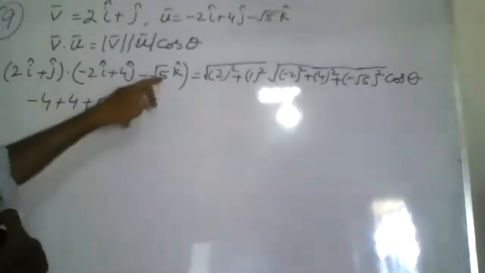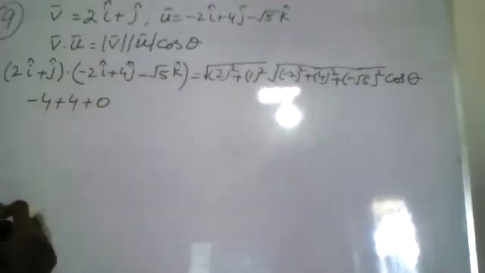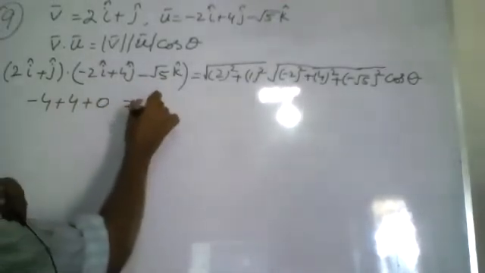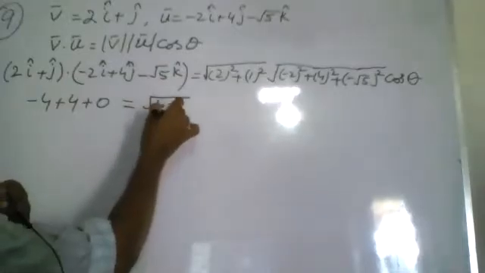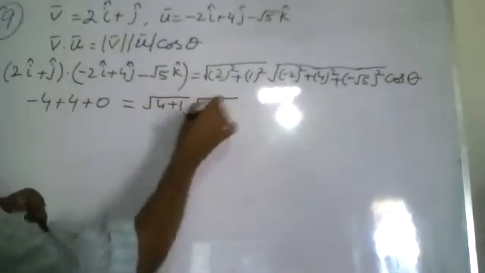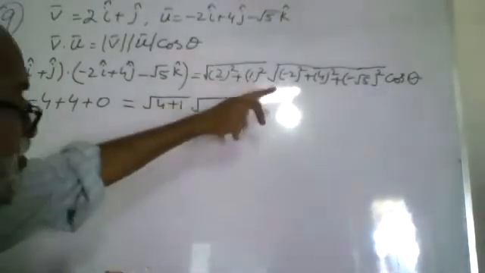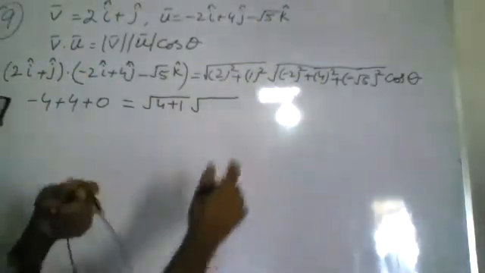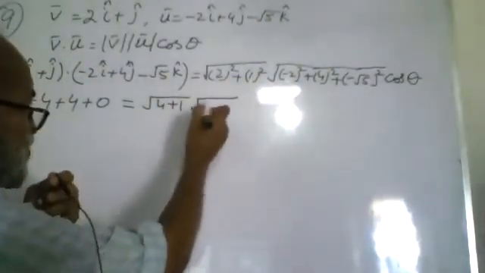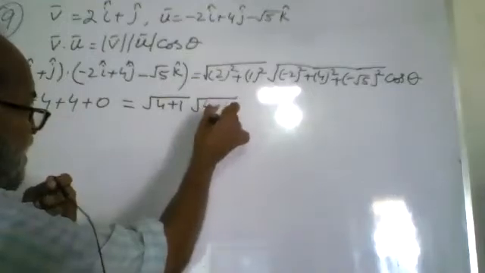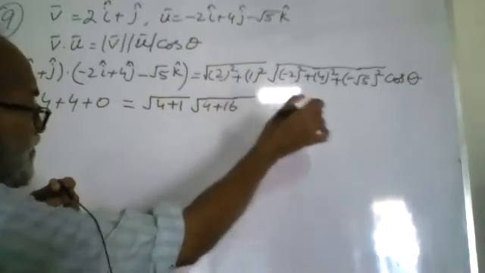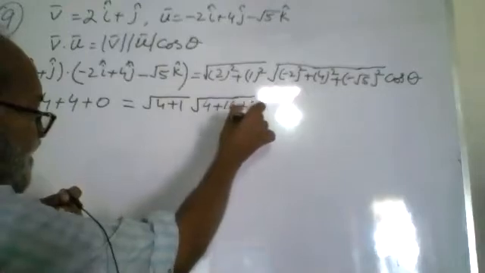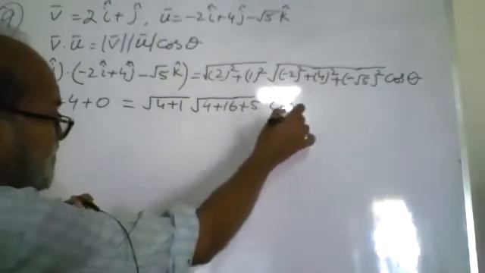This is equal to under root 4 plus 1, these are the magnitudes, into 4, minus 2 squared is 4, 4 squared is 16, minus under root 5 squared is 5, into cos of theta.